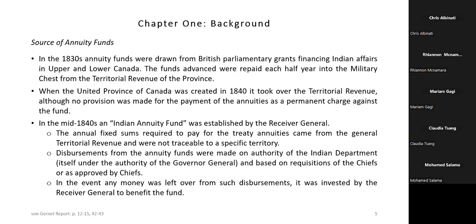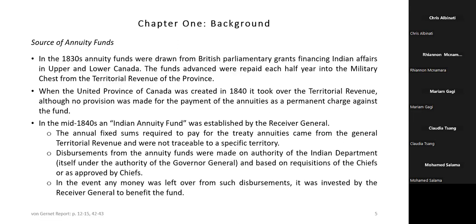But then there was this annuity fund that was established, and this was controlled by the Receiver General. And so at that point, these annual fixed sums were to be paid from the general territorial revenue, but were not traceable to any proceeds from the lands.